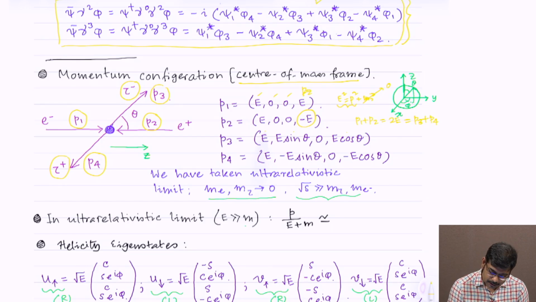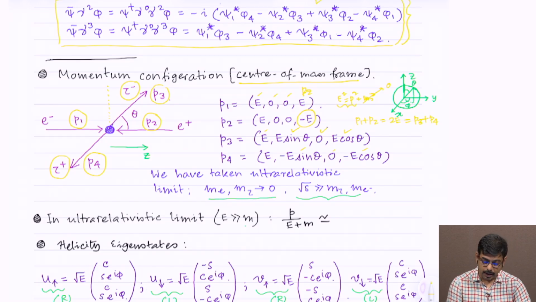Okay? So, P3 has energy E, Px is E sin theta, just because it is coming out at an angle theta, Pz is E cos theta, and Py is equal to 0. And for P4, the energy is E, but the x component becomes minus E sin theta. You can imagine this to be the x axis, so to say, the y component is 0, and the z component is minus E cos theta, because the tau is coming in this particular direction.